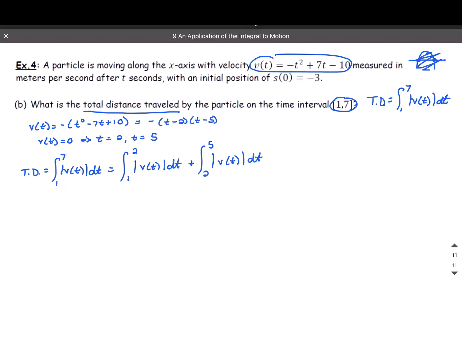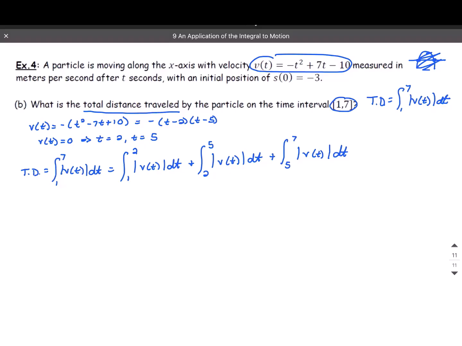So anytime you have a function and you don't know what it looks like, you find the x-intercepts and break up the integral at those x-intercepts, taking the integral of the absolute value of each part, okay? Plus, and we still have to go from 5 to the endpoint 7 of the absolute value of v of t dt.